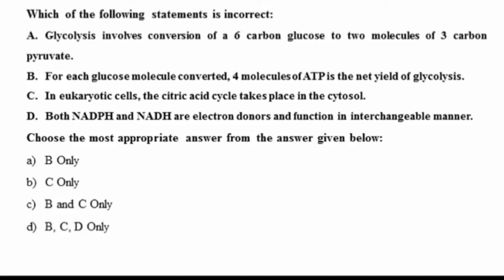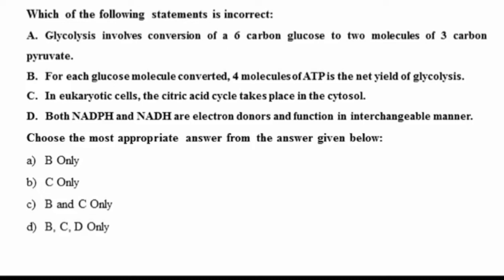Statement D is both NADPH and NADH are electron donors and function in interchangeable manner. Rather, both NADH and NADPH serve as hydrogen electron donors for the reactions inside of the cell. NADH is mainly involved in catabolic reactions, whereas NADPH is involved in anabolic reactions.